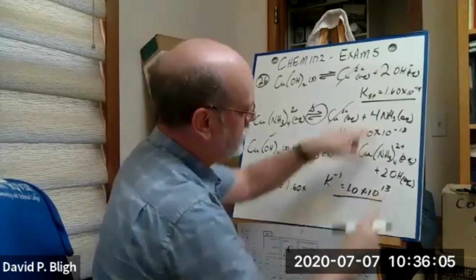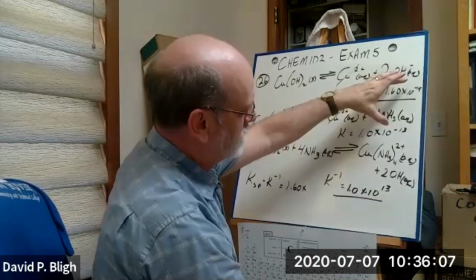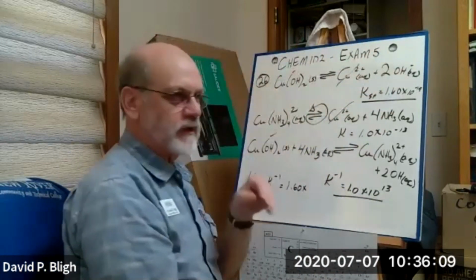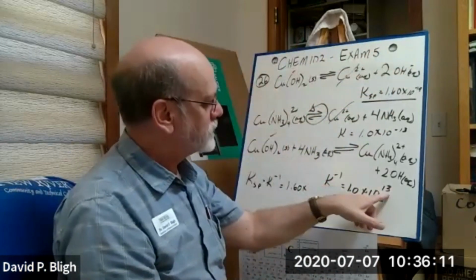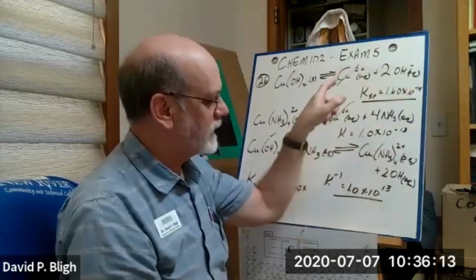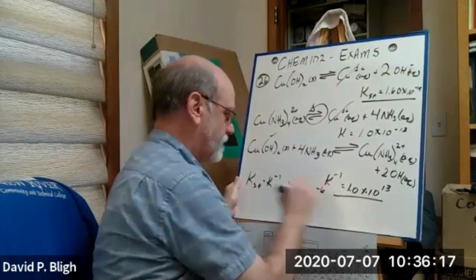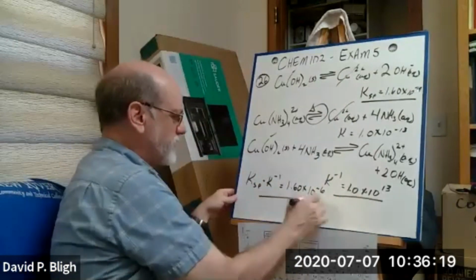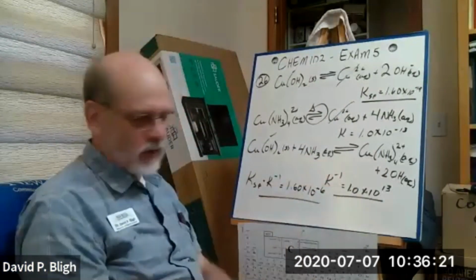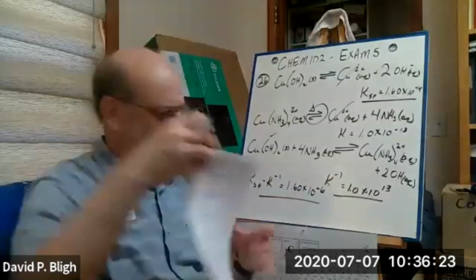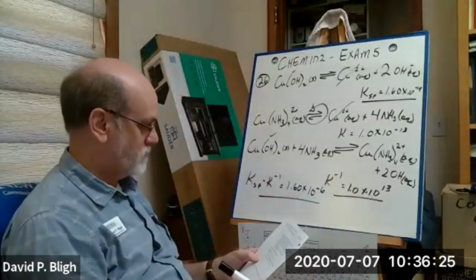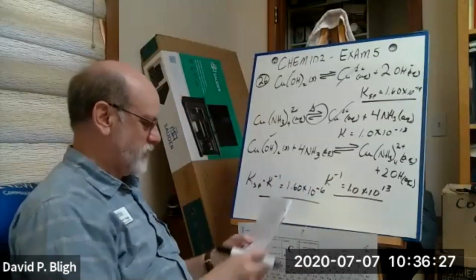And then 10 to the 13th times 10 to the minus 19th, we combine the exponents. 13 positive, 19 negative leaves us with minus 6, right? So that should be our K for the combined equation, and let's see if I did it right. 26. Yep, there it is.